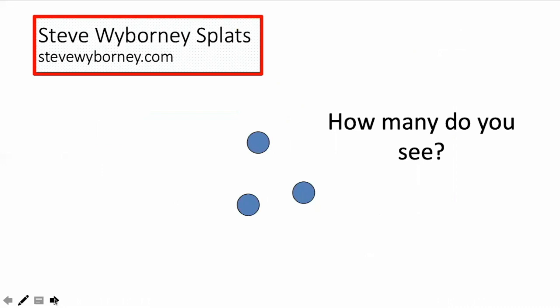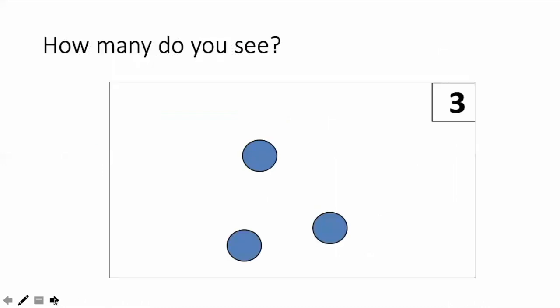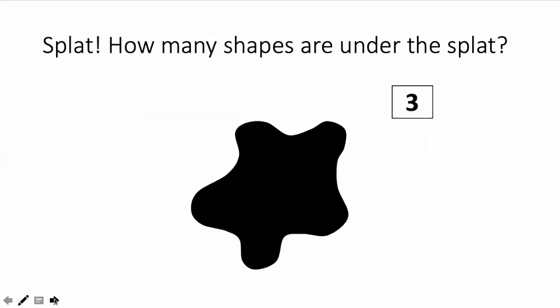Okay, these came from the website that's listed at the top of the screen in case you want to download some more to practice. So how many do you see? 3, and you see the number 3 up in the corner. Splat, how many shapes are under the splat?